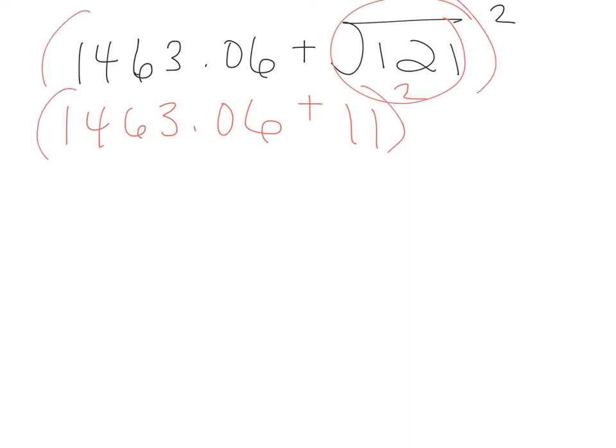Okay, so now we have to solve what's still inside this bracket here. So we would do this number here plus 11, so we're doing 1,463.06 plus 11, which is 1,474.06. And that's to the power of 2. So again, that'd be 1,474.06 times 1,474.06.